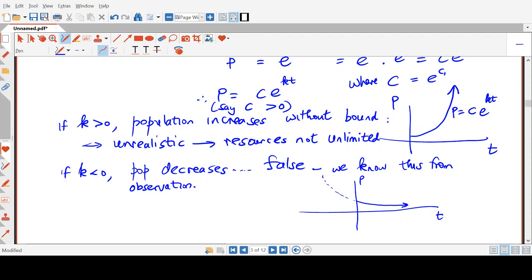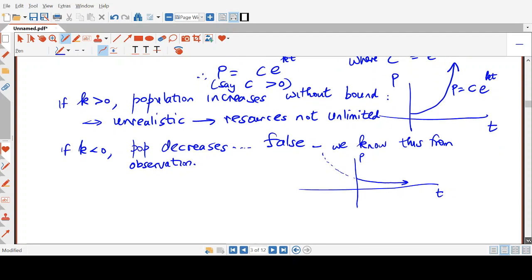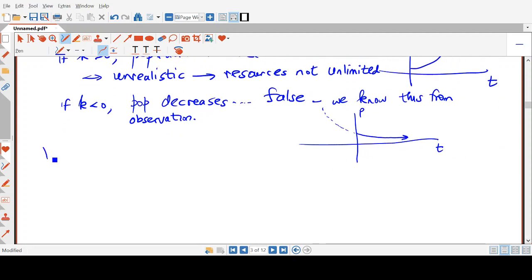As time goes on, the population is going to become extinct. People will die off. That's the prediction of this model. The other model tells the population grows to infinity. So that's not right. We need to now find a model that is better behaved than that. So we need a more efficient model.